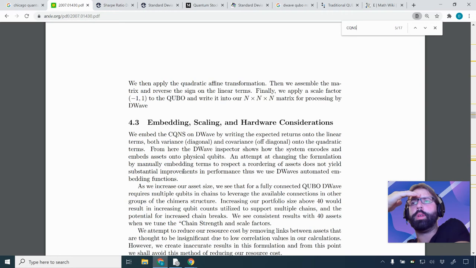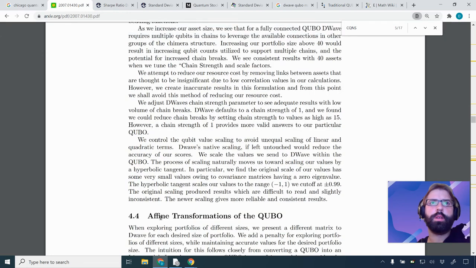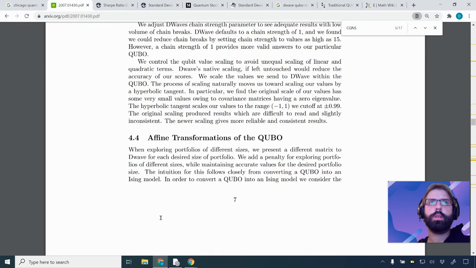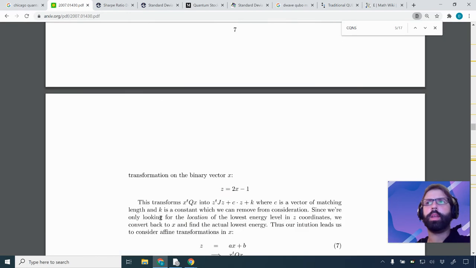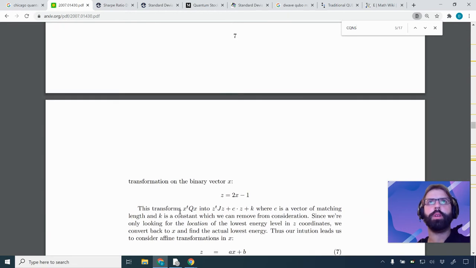So, yeah, it's not really clear how this is done. Like, this is super hard to actually reproduce, I think.